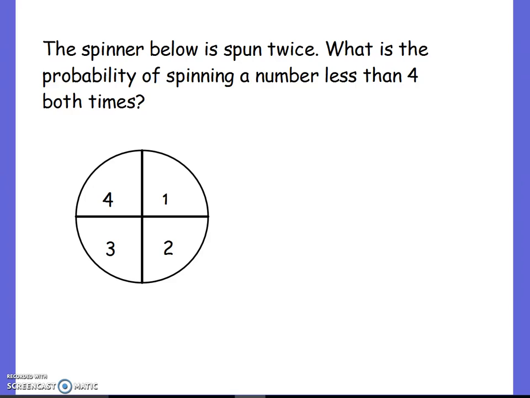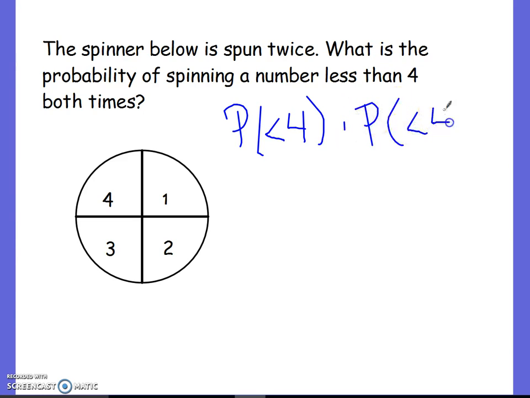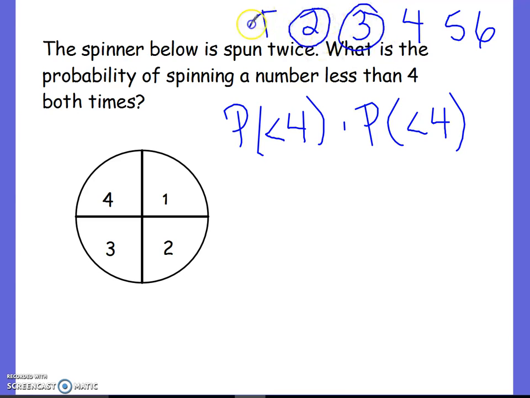Last one. The spinner below is spun twice. What is the probability of spinning a number less than 4 both times? So we have the probability of less than 4 times the probability of less than 4. On a number cube, the options are 1, 2, 3, 4, 5, and 6. The numbers less than 4 are 3, 2, and 1. So we have 3 options out of a total of... we're not doing a number cube, we're doing a spinner.